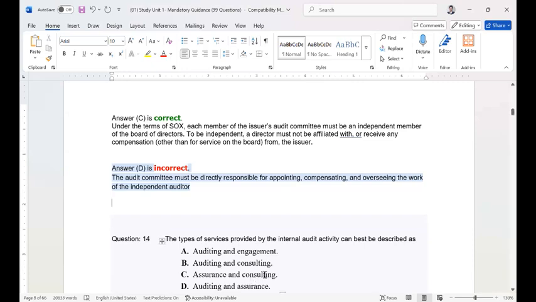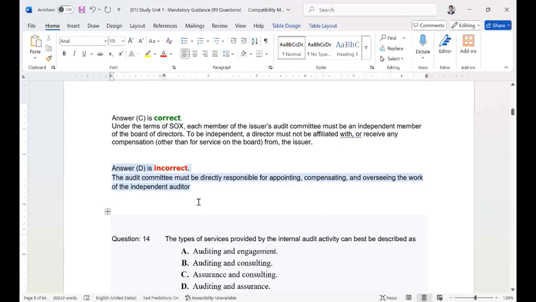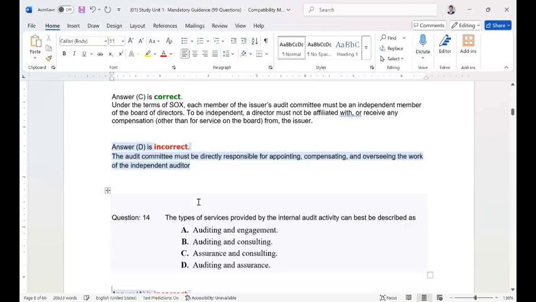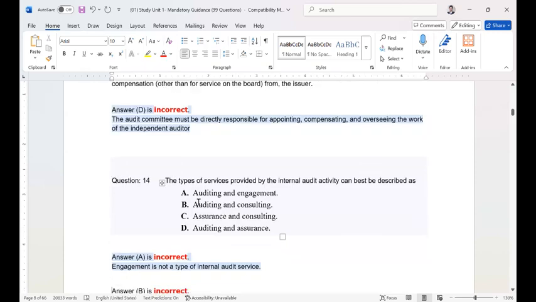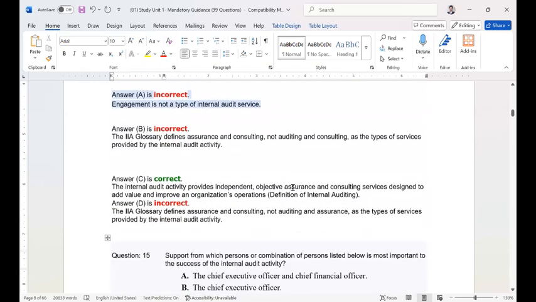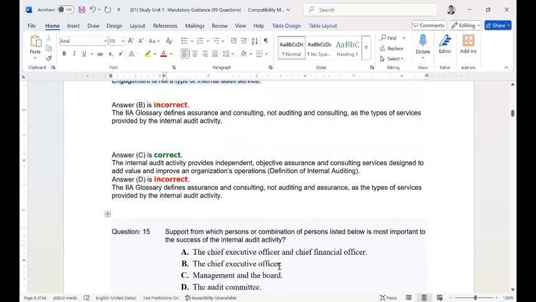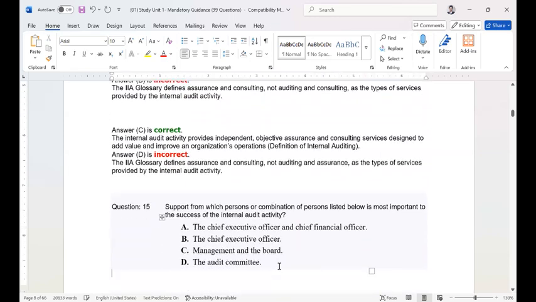So assurance and consulting, no? But they are in the definition itself. The definition says internal audit is an independent objective assurance or consulting activity. The definition itself says that. So whatever you do as an internal audit could be an assurance engagement or a consulting engagement.